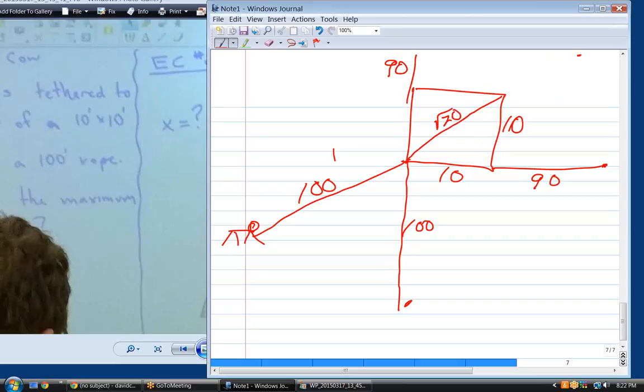So it can reach a point over here that is 100 minus square root of 20. And it can clearly go 100 feet right there. So it can cover that area, one quarter of a circle of radius 100.